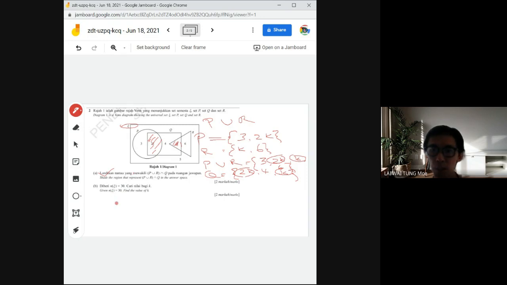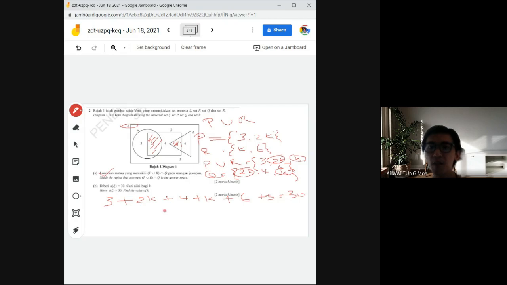So very simple. Just write 3 plus 2K plus 4 plus K plus 6 plus 5 equals to 30.